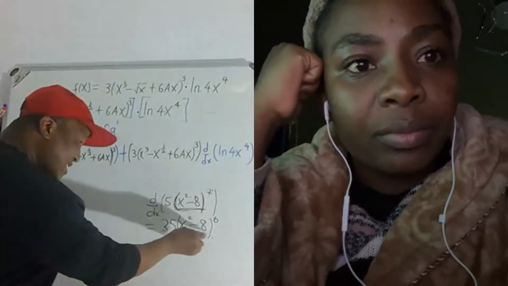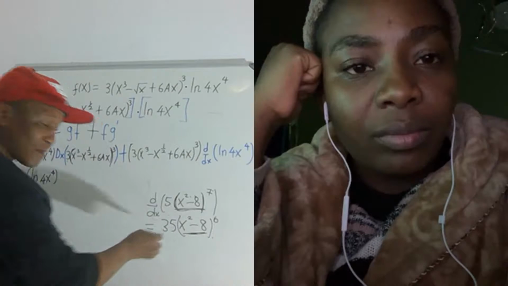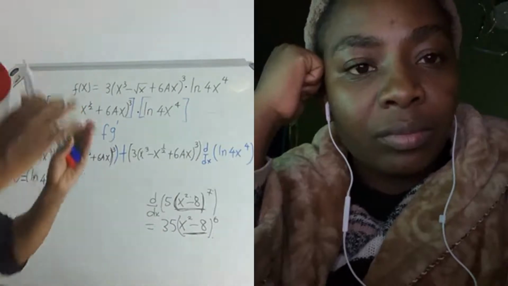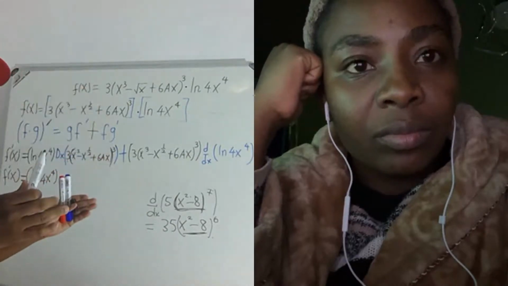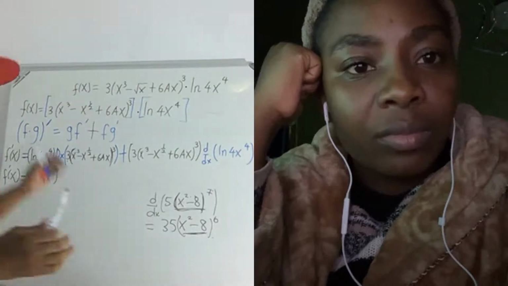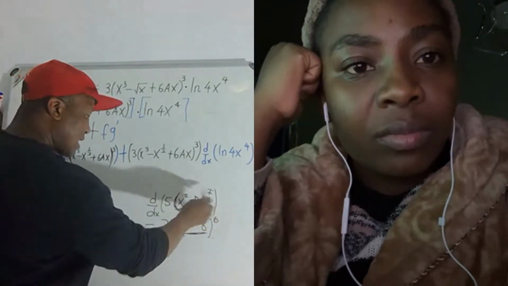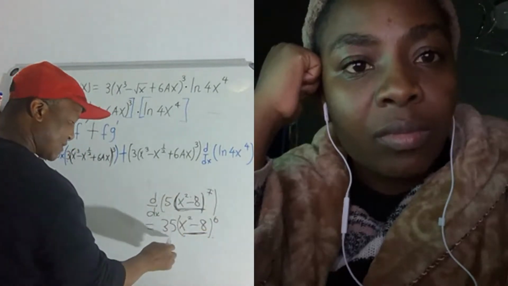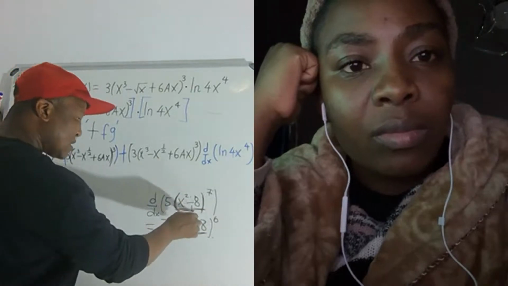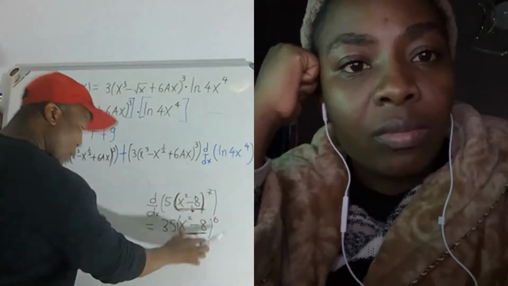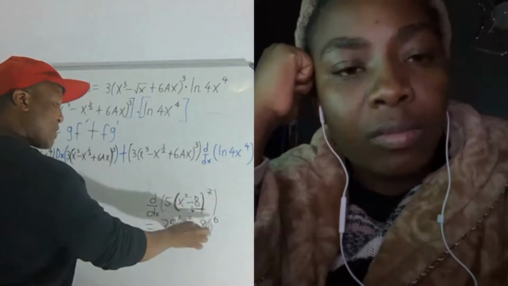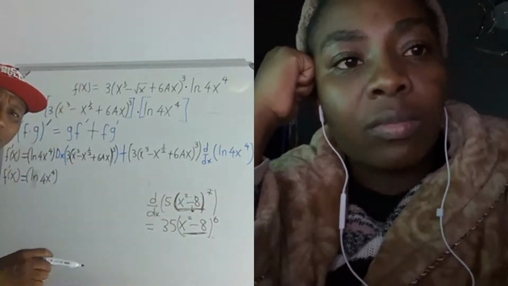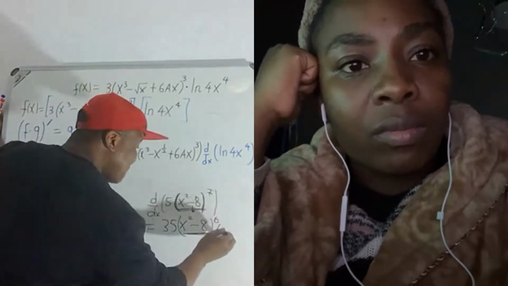But we need to do something with this: the one which is inside the bracket. Do you understand this one first? Take 7 times whatever is behind here, that's 5. Drop the bracket. Boom. x squared minus 8, and then 7 minus 1 equals 6. But hey, we are not done. We have to do something about this.